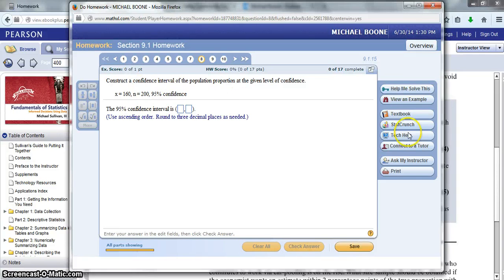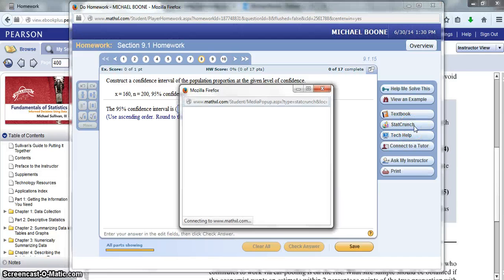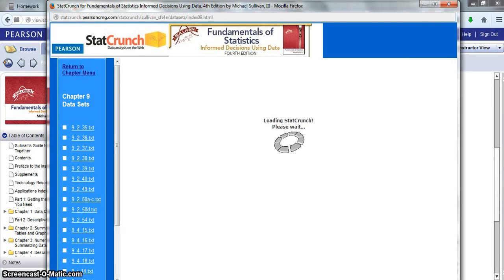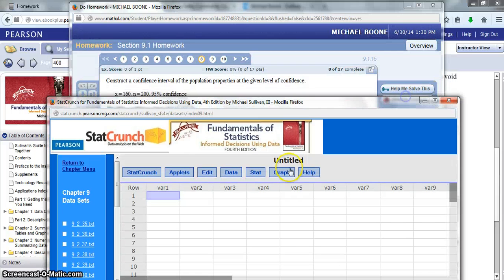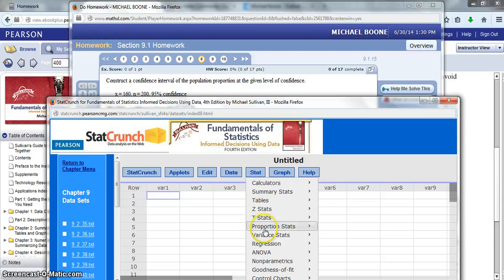So to do this with our technology, with StatCrunch, I'm going to go to Stats, and then in Section 1 we're doing proportions, so proportion statistics. In Chapter 9 we are just doing one sample stuff. Now, we have the option of doing it with data or with summary.